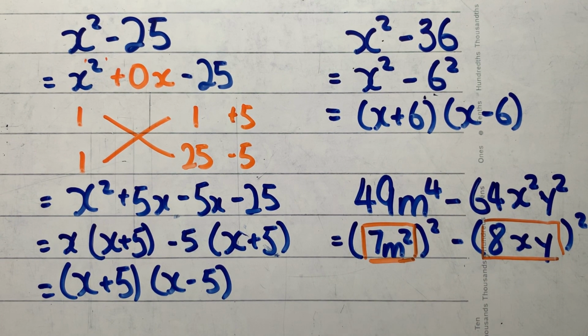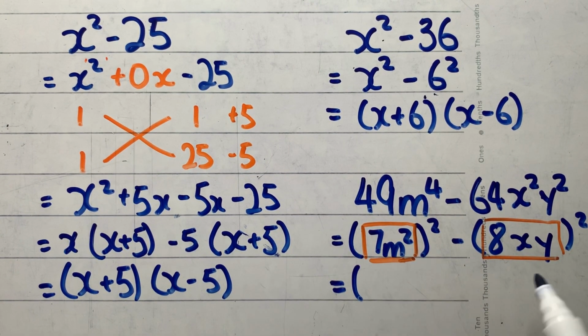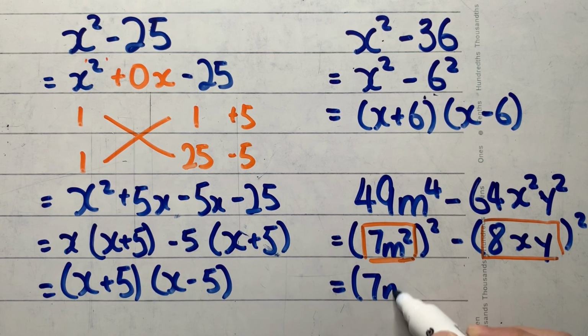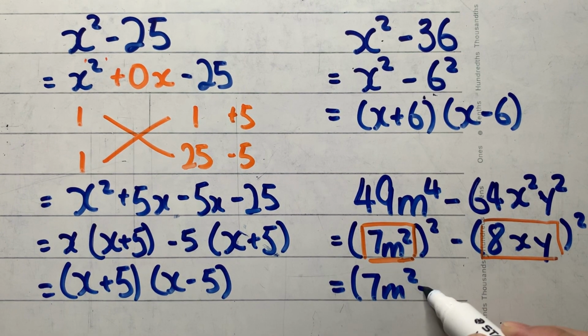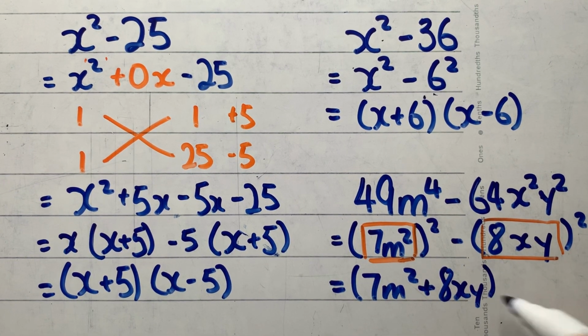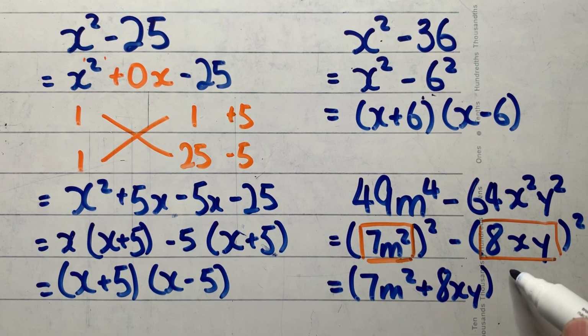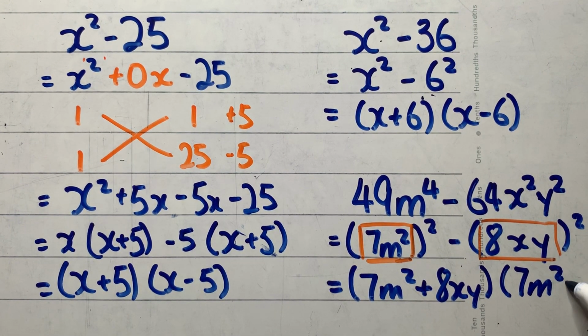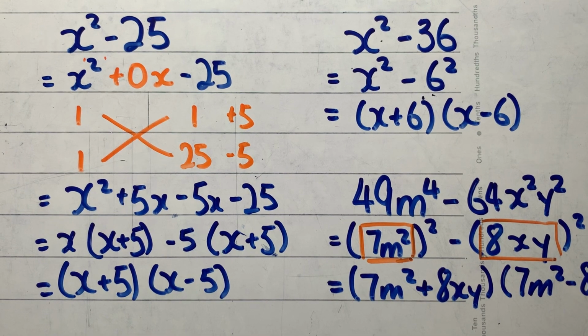So you just copy. First, you add the 2 squares. It will be 7m squared plus 8xy, and then you minus the 2 squares. It will be 7m squared minus 8xy.